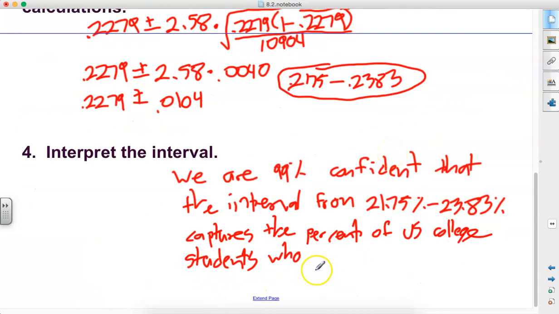So these are the percent of U.S. college students who are frequent binge drinkers, which is our population proportion.